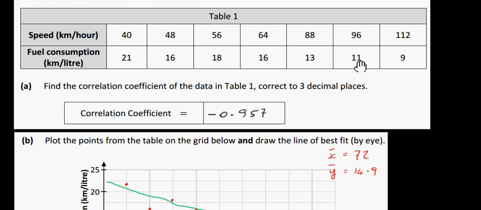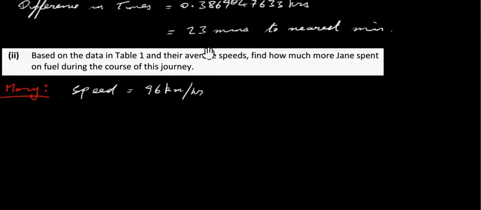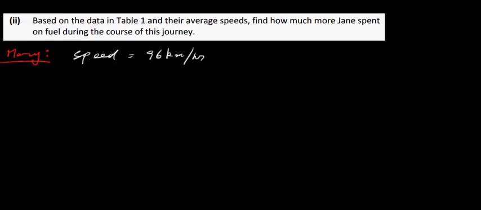Now Jane, she was doing 112 kilometers per hour, so her fuel consumption is 9 kilometers per litre. So I'm going to use these figures here, 11 and 9. So Mary's speed was 96 kilometers per hour, which means her fuel consumption was 11 kilometers per litre.